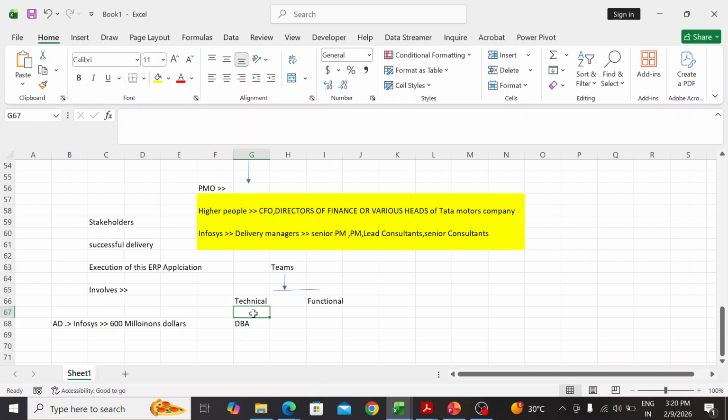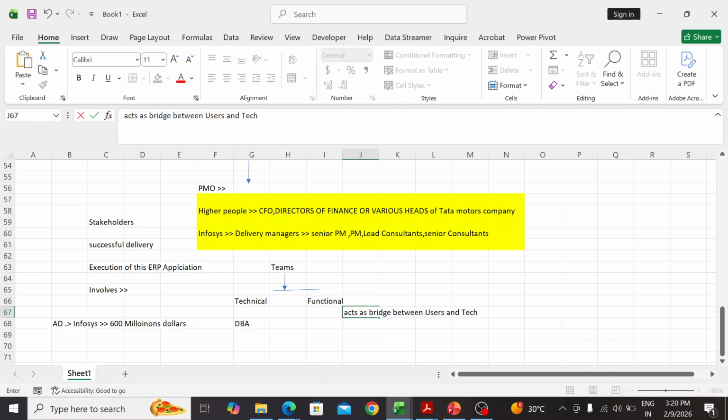When it comes to functional consultants, they are the most important people in the successful implementation of this ERP application, because functional consultants act as a bridge between users and technical people.